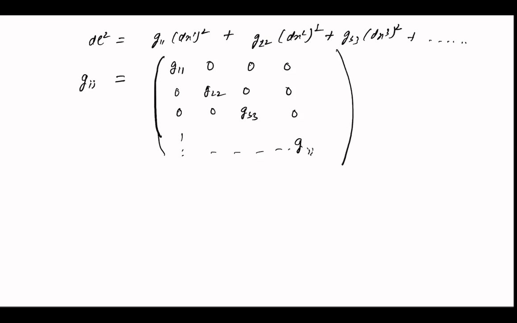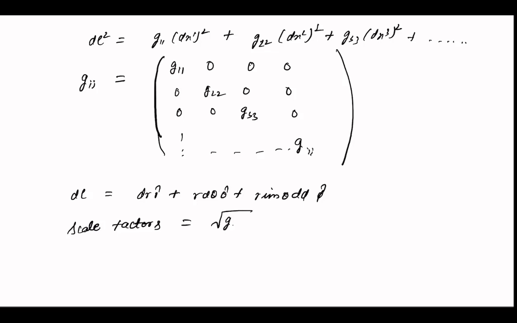Now in our case, since we have r, theta, phi, and our line element we have already calculated, the scale factors are just the square root of these elements of the covariant metric tensor.